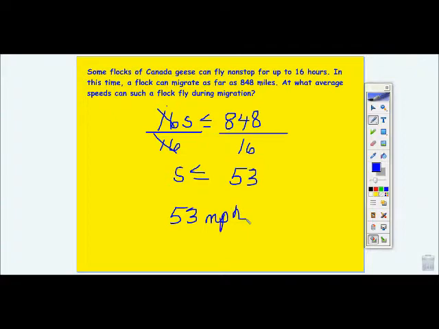The speed can be less than or equal to 53 miles per hour if they're going to get as far as 848 miles. So that was writing an inequality and then solving. And that finishes lesson 3.5.